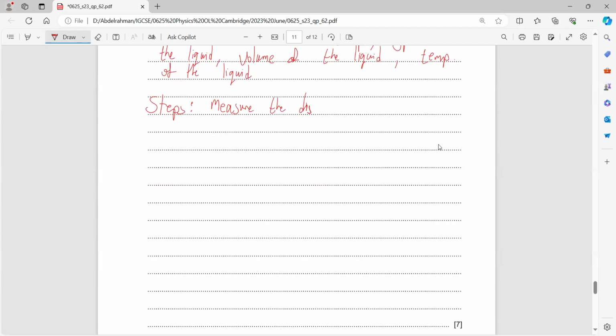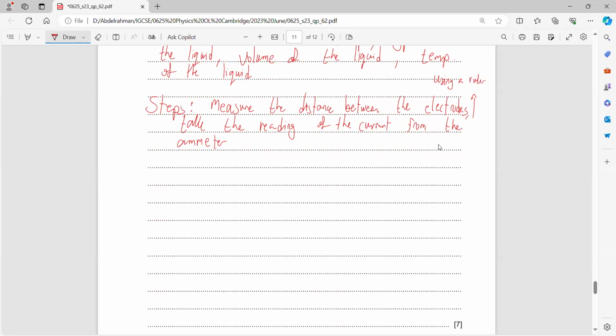Measure the distance between the electrodes. Take the reading of the current from the ammeter. You can say measure the distance between the electrodes using a ruler, for example. You can say that if you want to.